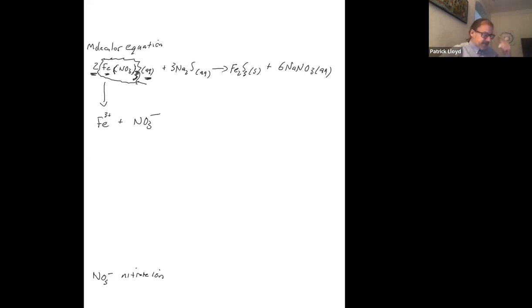Okay. Now let's go back and figure out how many there are. You've got a 2 in front of here, so you have 2 irons. But you also have this 3 after the nitrates. So 3 nitrates, but then you've got 2 of the whole thing, right?